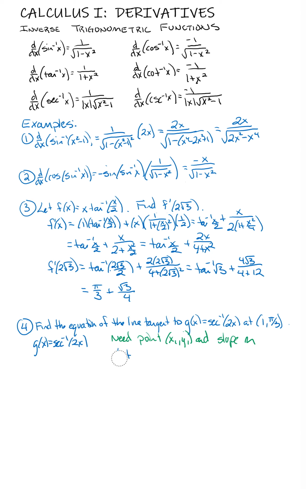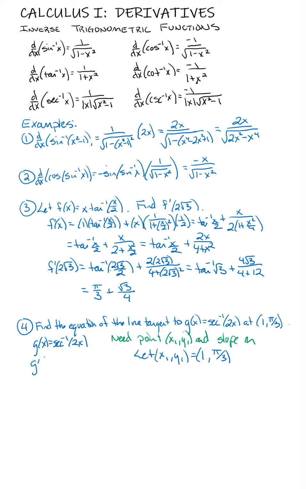We'll let x1, y1 be the point 1, pi over 3. All right, so the point is taken care of, but now for the slope: for a tangent line, the slope is the derivative. So we'll simply start by taking the derivative.